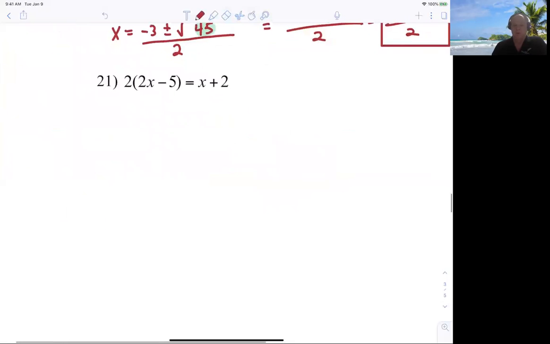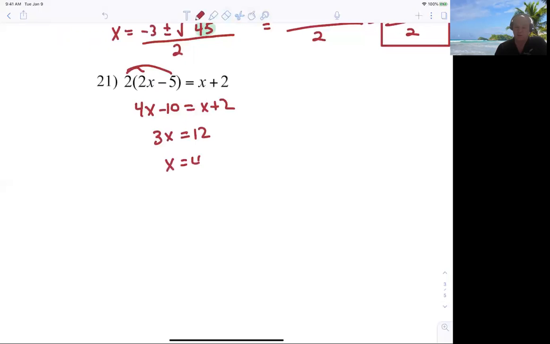Okay, number 21. What I try to do on 21 is fool you, because not all equations are quadratics. So treat this just like a normal equation. You're going to distribute, so that'd be 4x minus 10 equals x plus 2. Move the x to the left side, add the 10, divide by 3, so x equals 4.